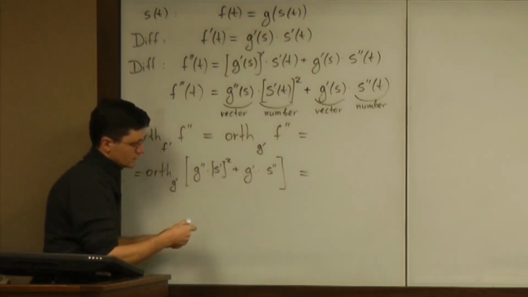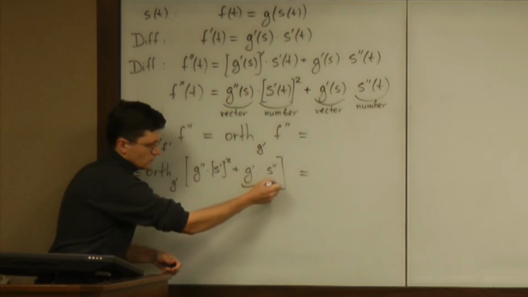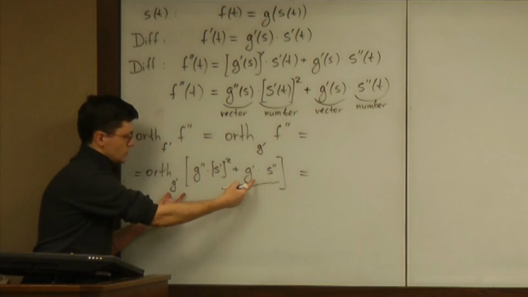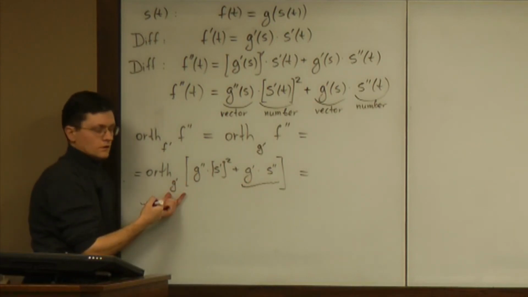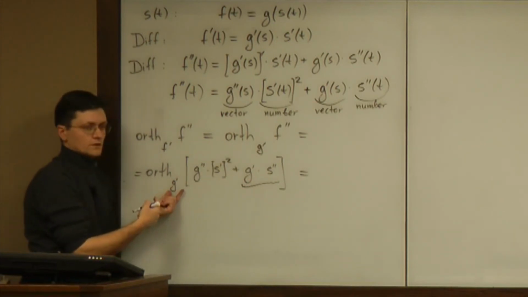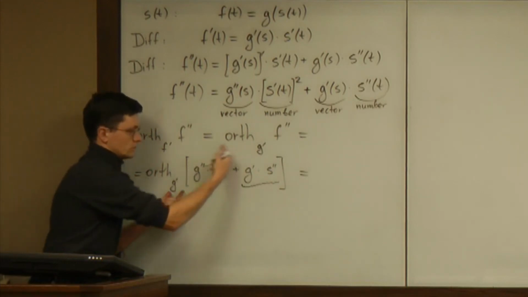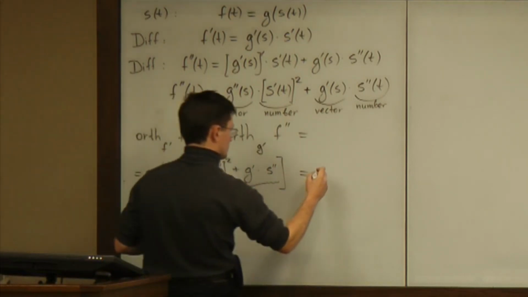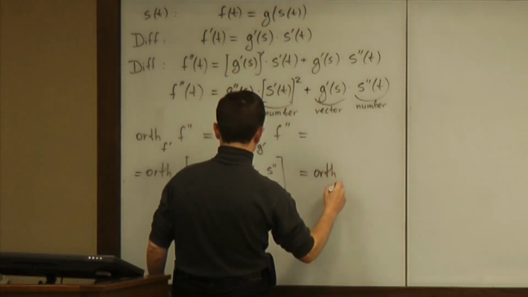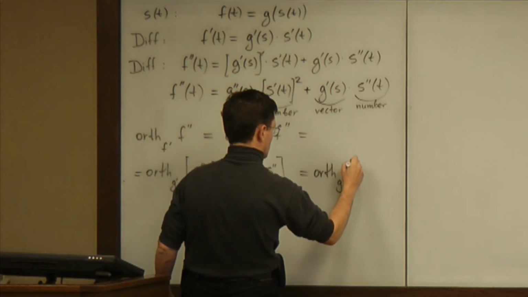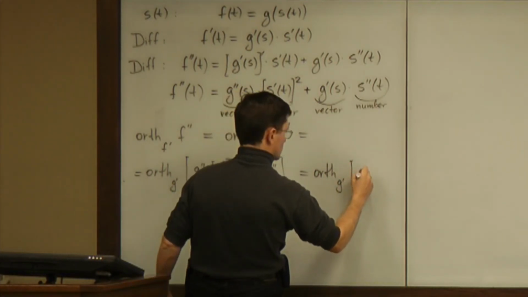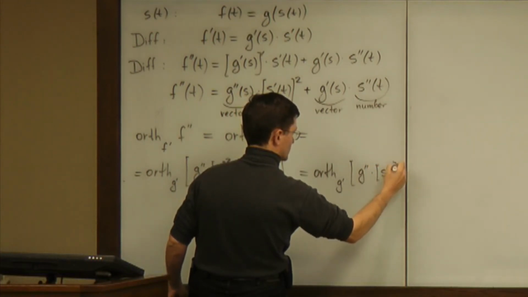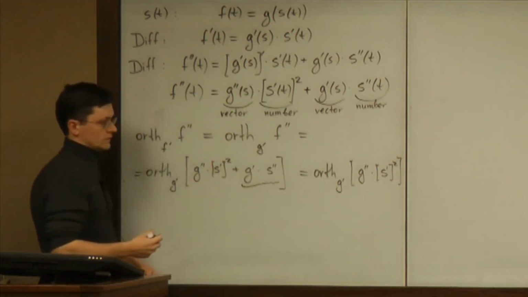Now notice that adding this term proportional to g prime doesn't change the orthogonal component. The orthogonal component of this vector with respect to g prime is going to be exactly the same as the orthogonal component of the whole thing with respect to g prime. So that's what I'm saying. The orthogonal component with respect to g prime of the vector g double prime times s prime squared is equal to what I have there.